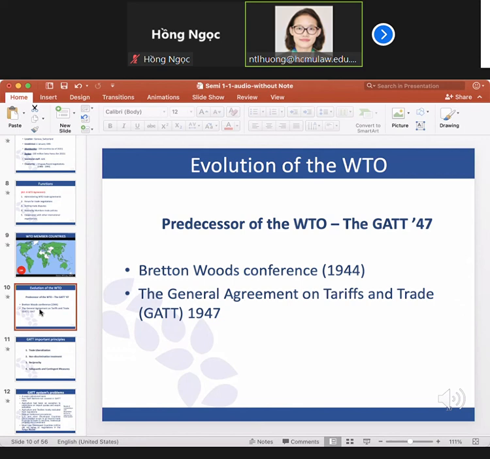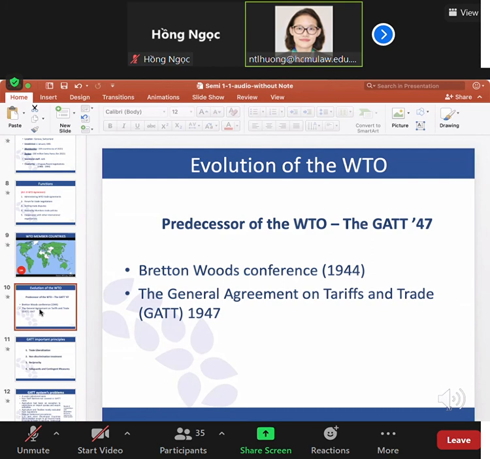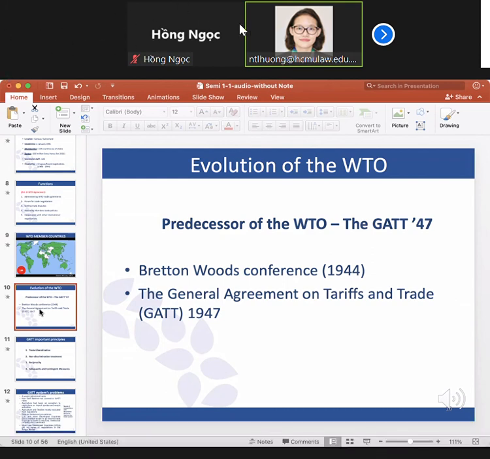Now here, when a good wants to enter a border, it has to face customs tariff. Okay, customs tariff. They also have to face other kinds of barriers, called non-tariff barriers. I will talk about non-tariff barriers later, so right now we focus on customs tariff.